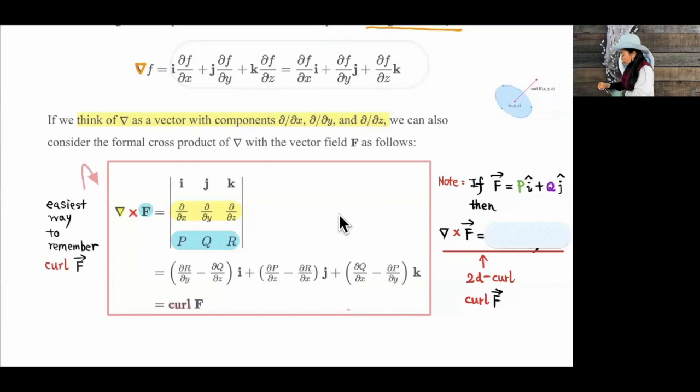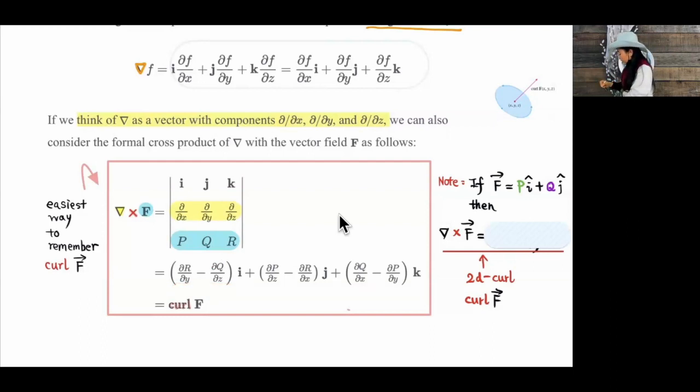The determinant of this submatrix is the partial derivative of R with respect to y, minus the partial derivative of Q with respect to z. This is how you get the i component.